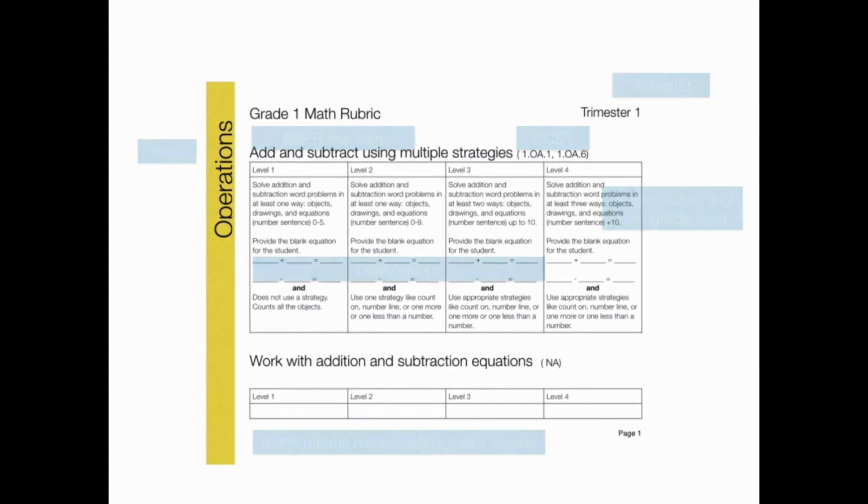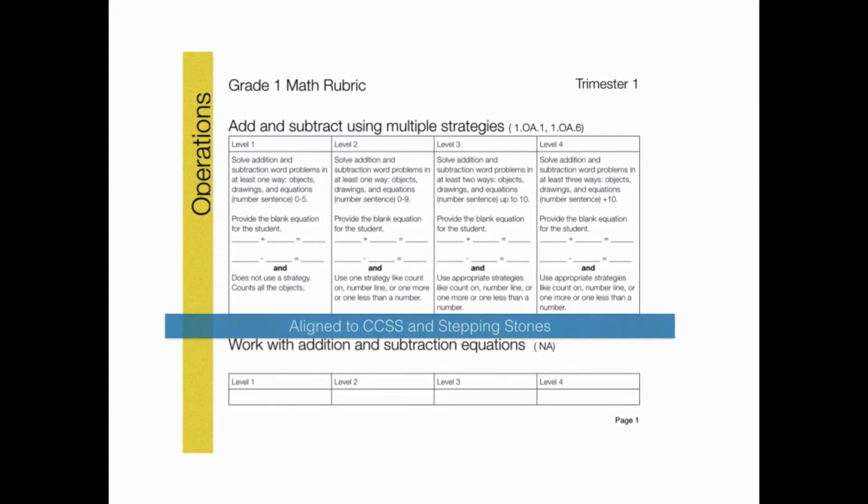In some instances, there is a blank, which means that was not assessed during that trimester. The rubrics were built with an alignment to the Common Core state standards as well as to the learning expectations of Stepping Stones.